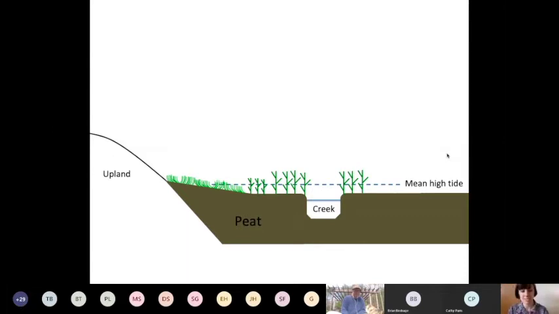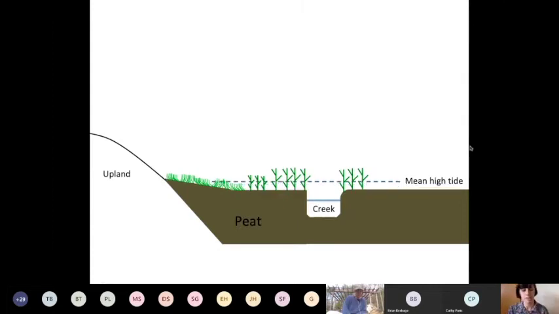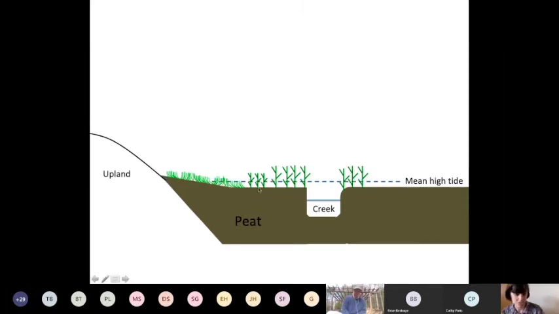Not very much, but as this happens, salt marshes accrete sediment and build up their rhizomes so that marsh platforms actually build and keep up with rising seas. And so in this way, for thousands of years, marshes have been maintaining themselves and essentially rescuing themselves from drowning.